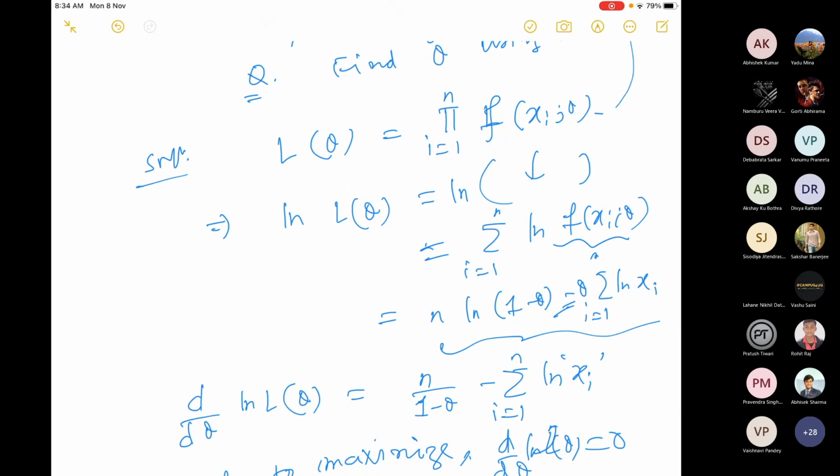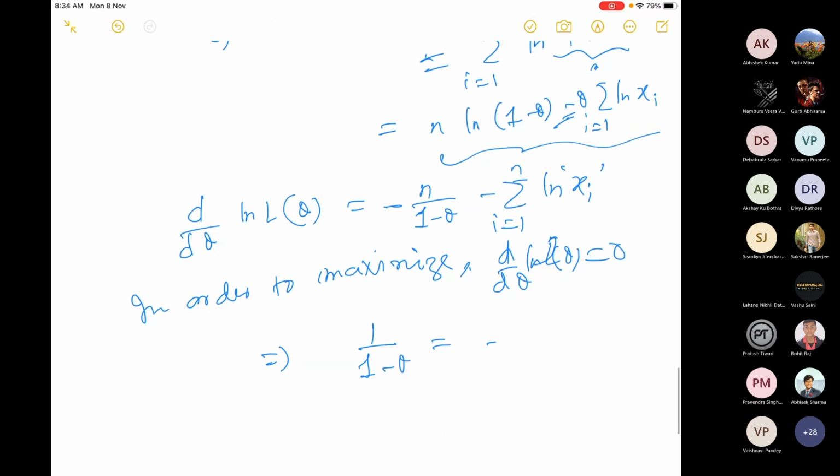Oh yeah, you are right. So here it will be minus. Okay, so then my equation changes. If you do that, then minus this equal to 0. So then this will be minus 1 by n sum over i equal to 1 to n of log of xi.